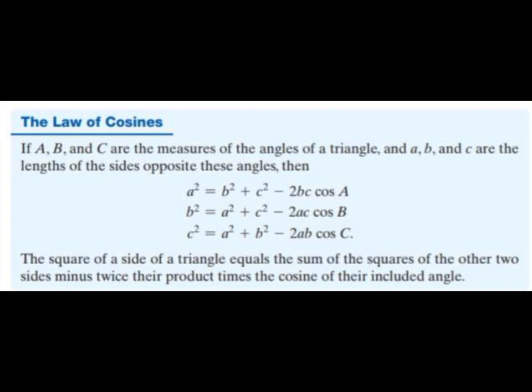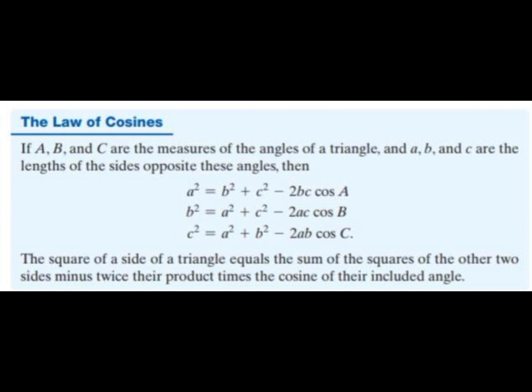The square of a side of a triangle equals the sum of the squares of the other two sides minus twice their product times the cosine of their included angle. That is the formula of the law of cosines to find the angle or the sides.